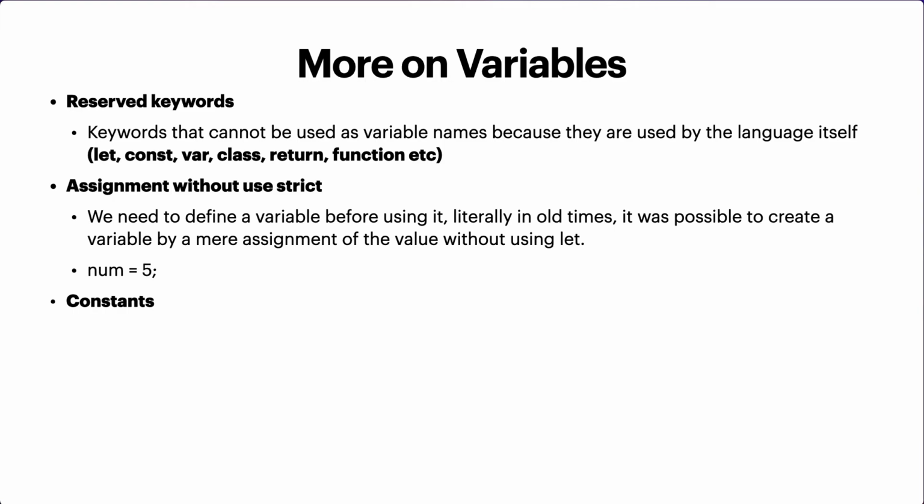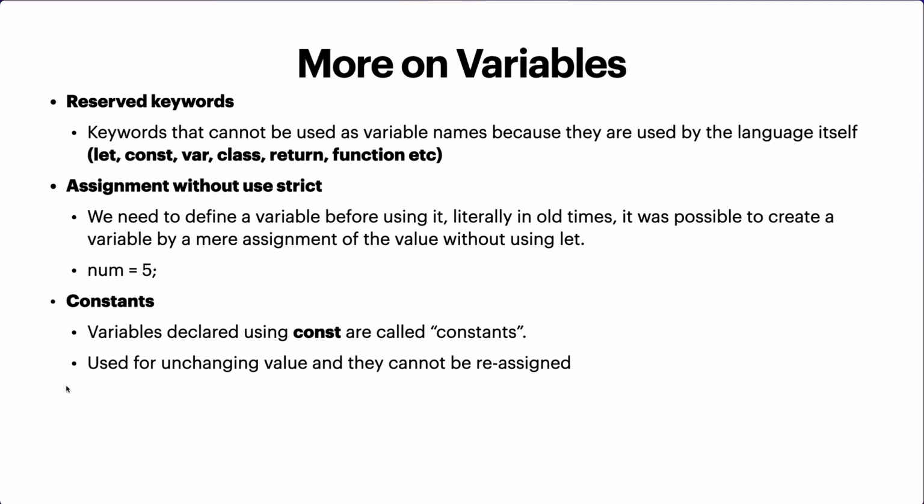So yeah, let's talk about constants. Variables declared using const are called constants. The const keyword is used for an unchanging value that cannot be reassigned. So if you have some kind of variable whose value is always fixed and your code is not changing the value, then we must be using const for that.